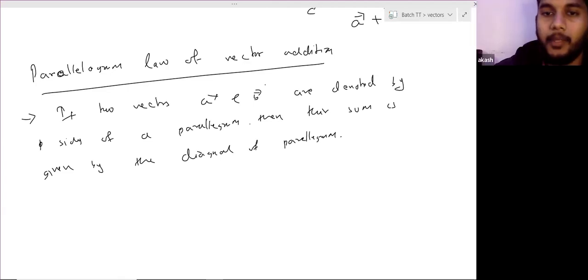Very simple. Suppose this is a parallelogram, and this is vector A, this is vector B.